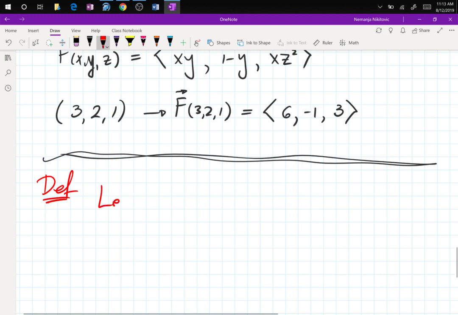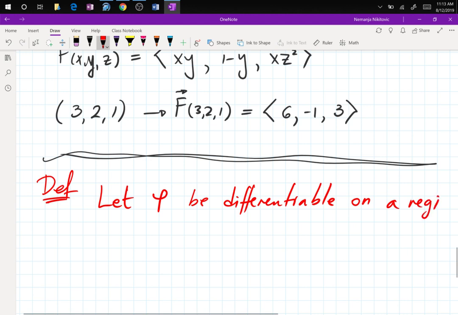So we say let phi be differentiable on a region of R2 or R3. This works for any dimensional space. If you want 16 dimensions, go ahead. It's just going to have 16 parts in a vector.